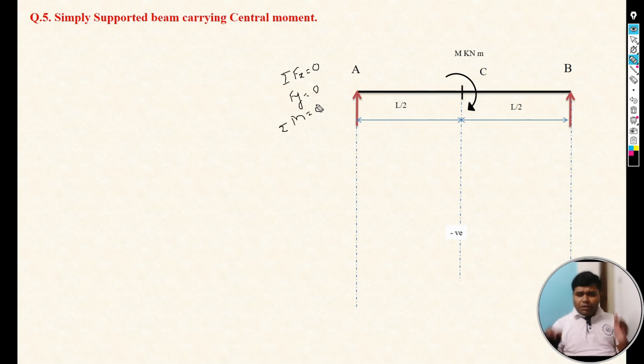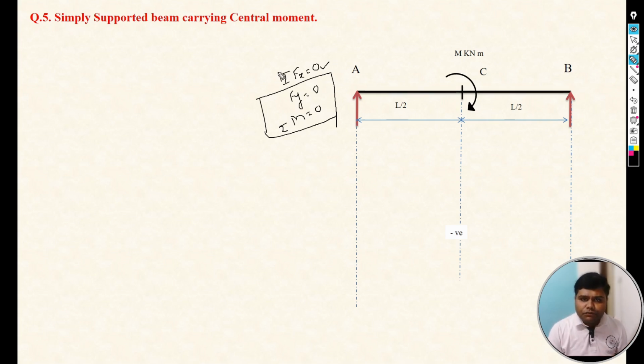But out of these three equilibrium conditions, we can use only two: summation Fy equals 0 and summation M equals 0, because summation Fx equals 0 is for horizontal forces. Summation Fx means the algebraic sum of all horizontal forces. If you see this diagram, there is no horizontal force or horizontal reaction.